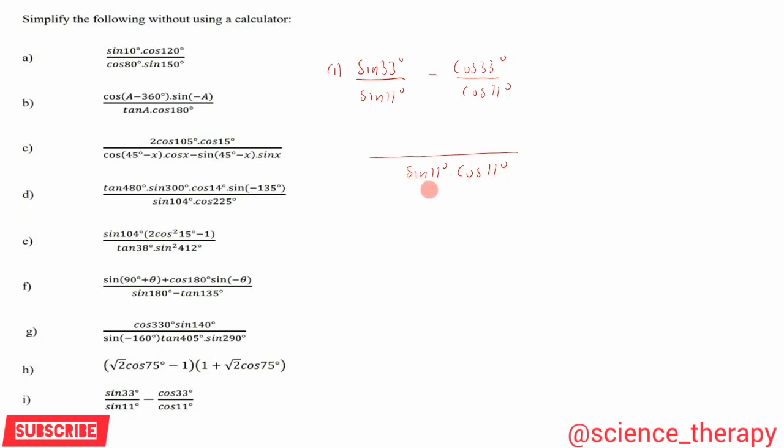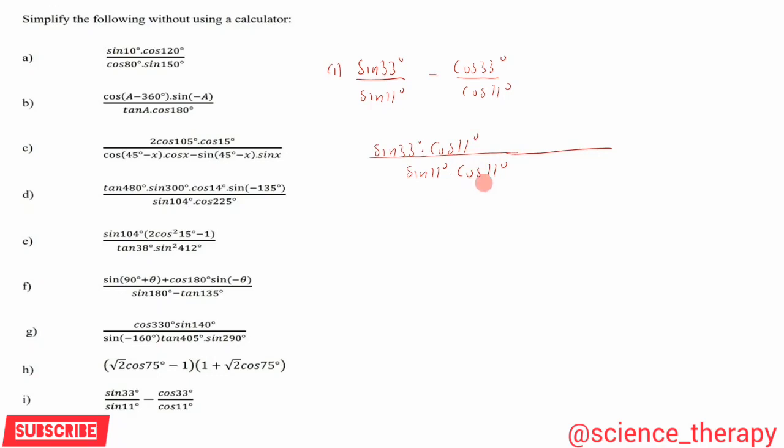Then if we take all of this, sine 11 degrees cos 11 degrees, and divide by sine 11, you can see that sine 11 and sine 11 will cancel out, and then we'll only be left with cos 11, which will multiply with the sine 33 in the numerator. So we have sine 33 degrees cos 11 degrees.